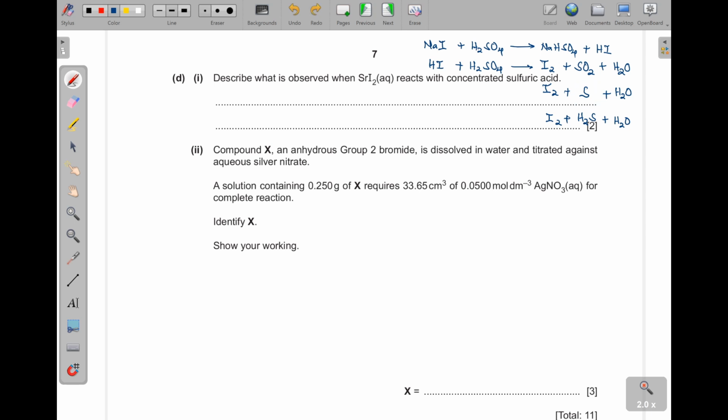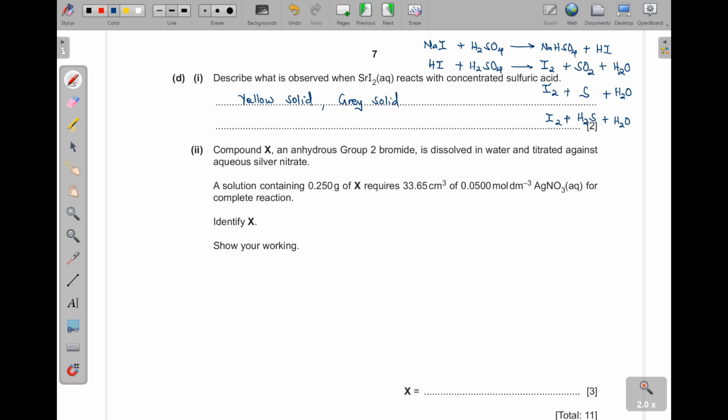Sulfur is a yellow solid. So I can say a yellow solid, basing on sulfur. Then iodine is a gray solid deposited. So I can say gray solid.